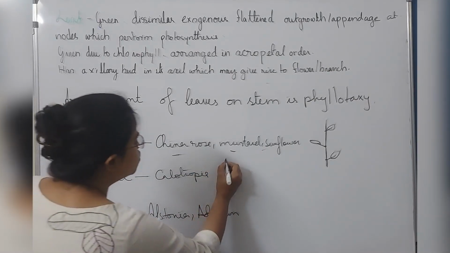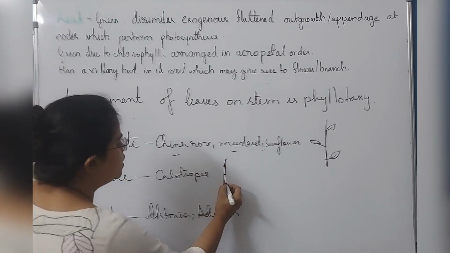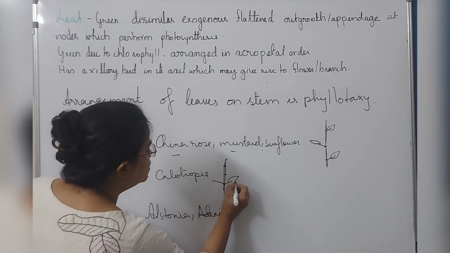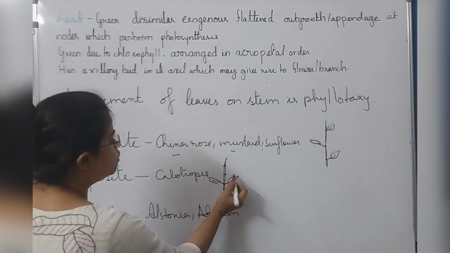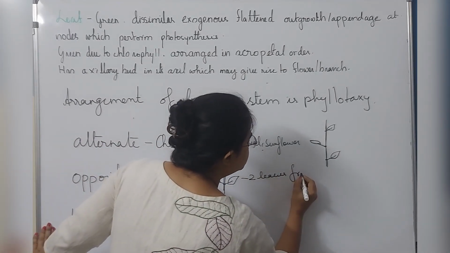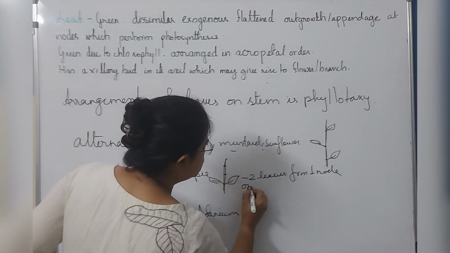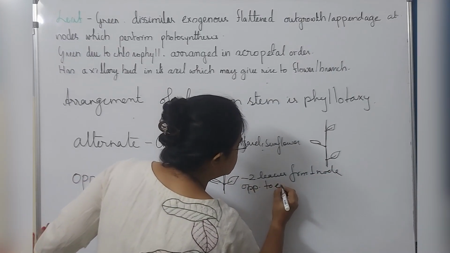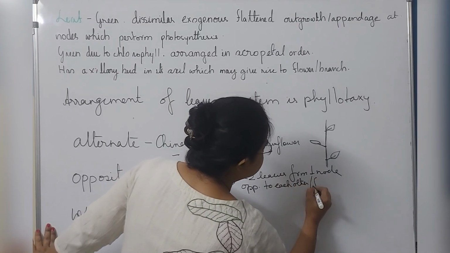Opposite means what? This is the node. These are the nodes. यहाँ दो पत्तियां facing each other, opposite. From one node comes here 2 leaves. From one node, right? And opposite to each other, or facing opposite to each other, or facing each other.